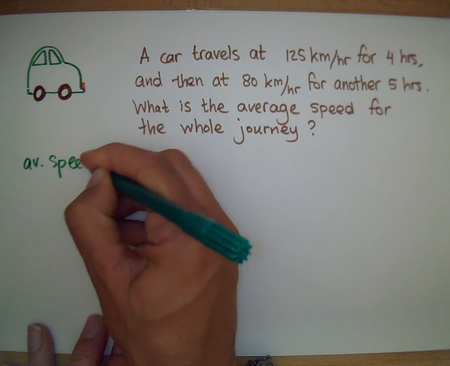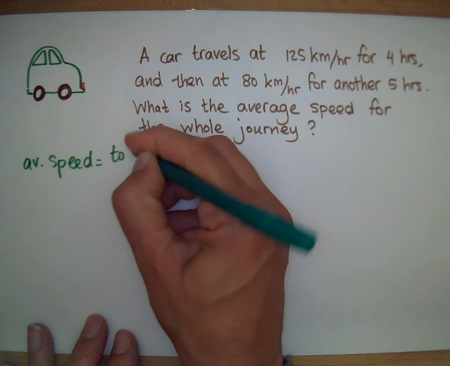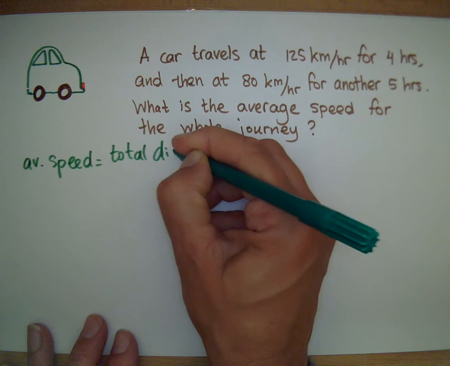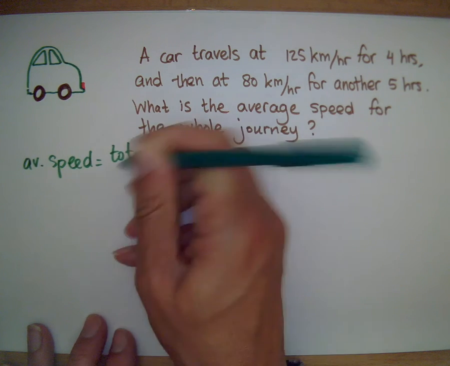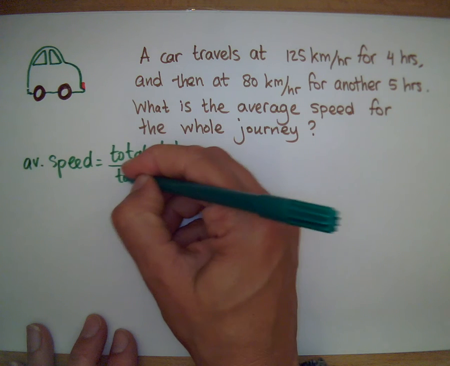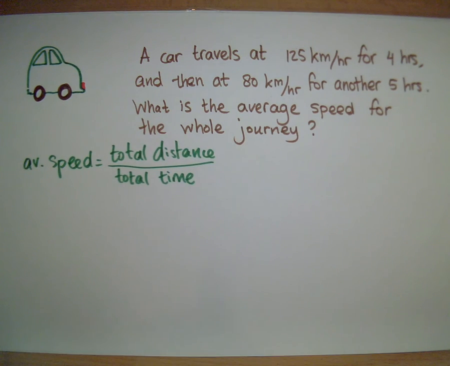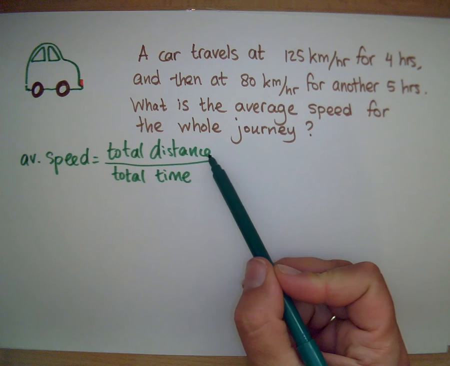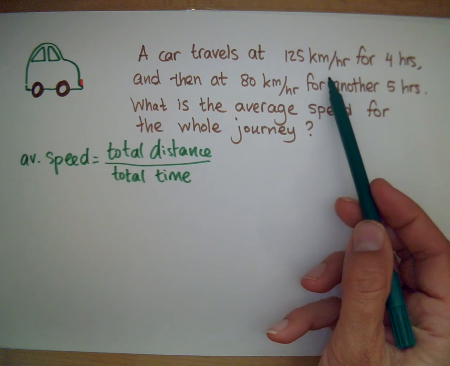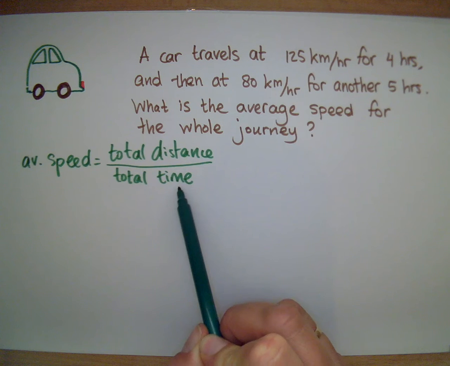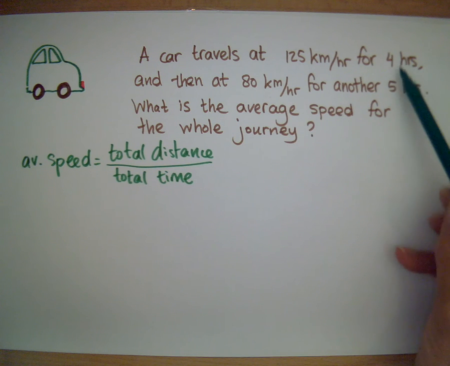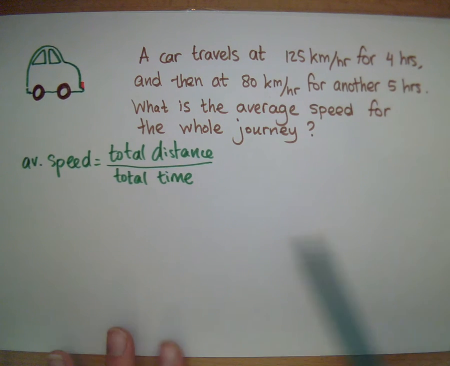Average speed equals total distance divided by total time. So I need to know the total distance. I can calculate that. And I need to know the total time. Well, I know the total time. It's 9 hours, right? That's easy.